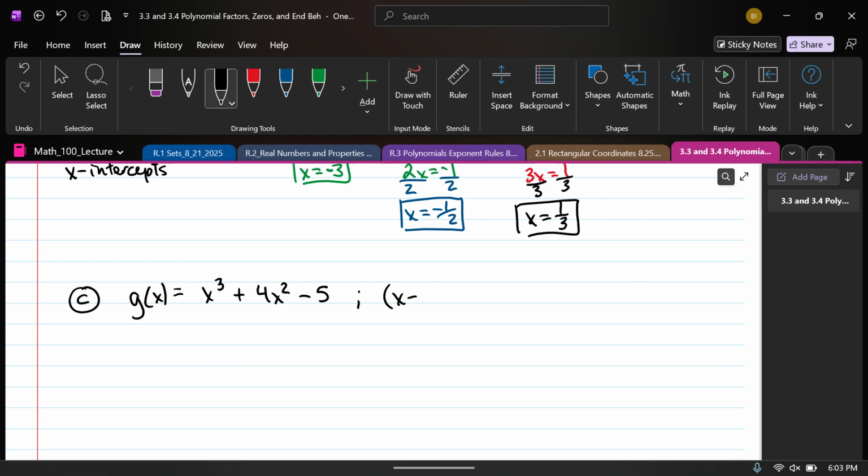And they're telling us that x minus 1 is a factor. Okay, so x minus 1 is a factor. And then we have this x to the third power problem that we're going to try to break apart. So I'm going to set up synthetic division.